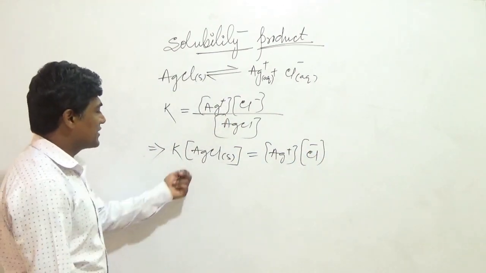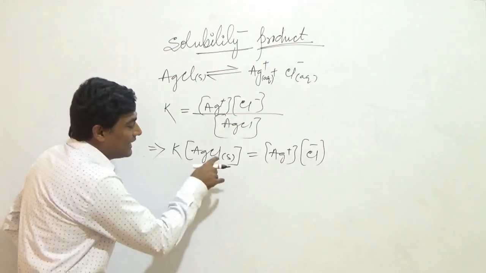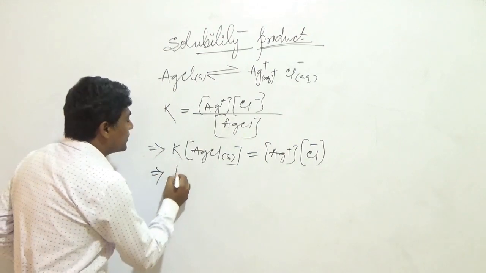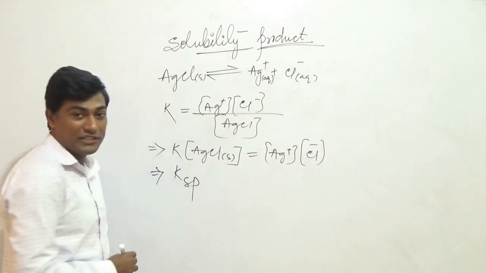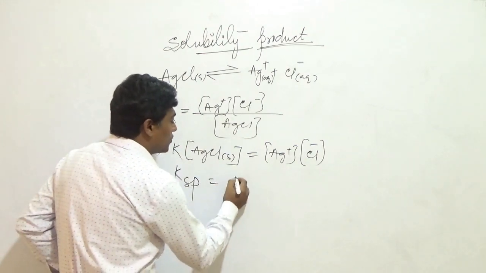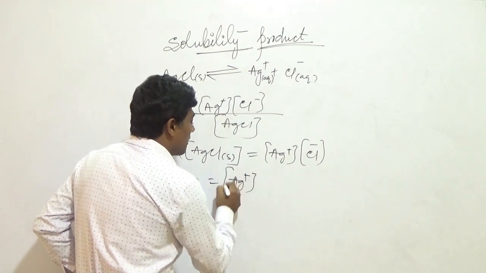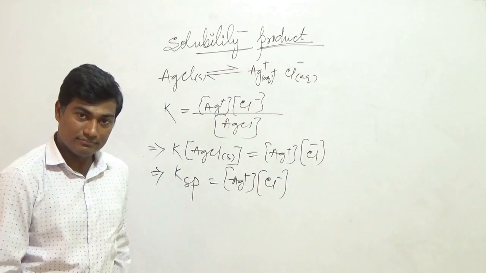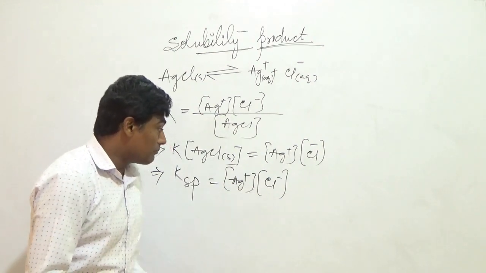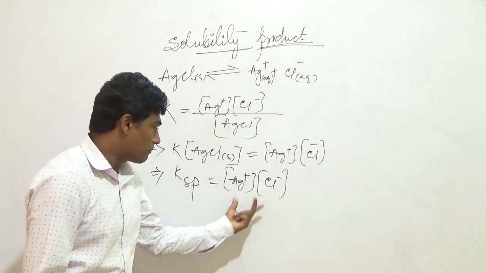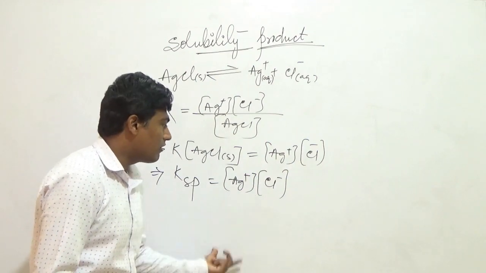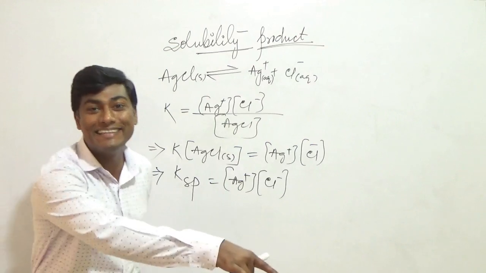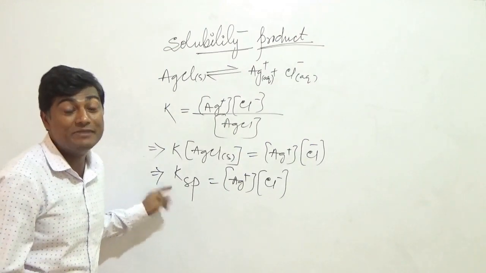So this is constant into constant giving rise to another constant. That's what we call the solubility product, equal to Ag plus times Cl minus. It is the product of the ions at solubility, hence called solubility product.